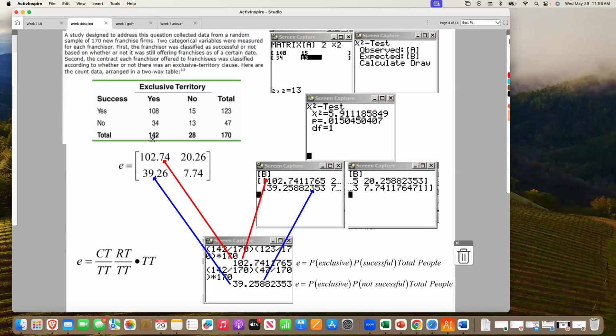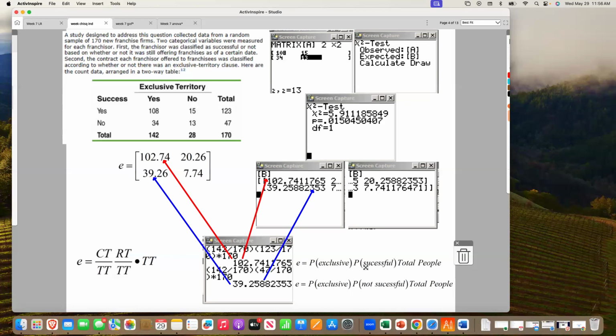Well, that probability would be 142 out of 170, right? And then also, the probability that it was successful, okay, that would be 123 out of 170. So the probability of them being exclusive and successful, they're independent. We just multiply those probabilities together, and that would give us the probability of being exclusive and successful.